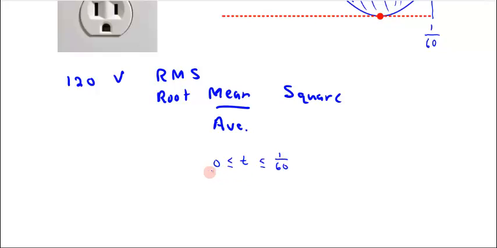Well, we'll do the same thing as before. We'll make a 1 here, so I'll multiply everybody by 60. 60 times 0 is 0, and then I'll have 60t, which is less than 60 times 1/60. So as t goes from 0 to 1/60th, 60t goes from 0 to 1.